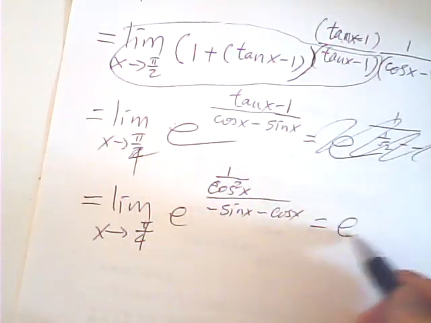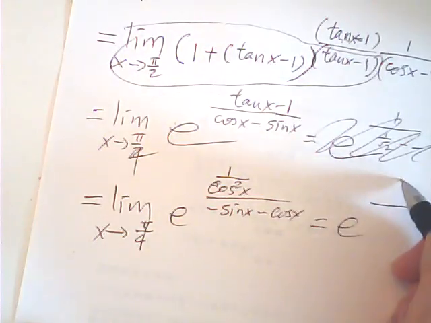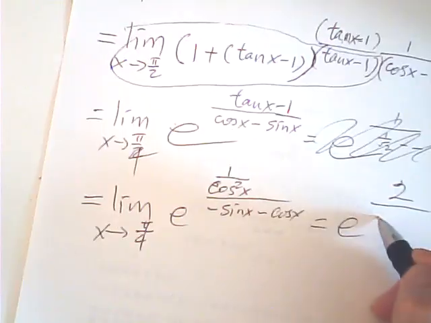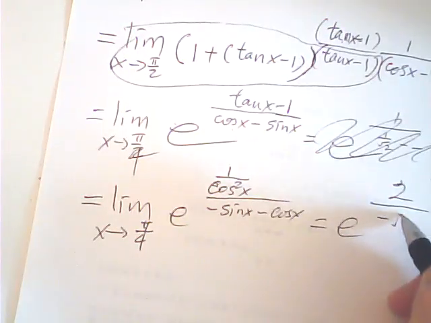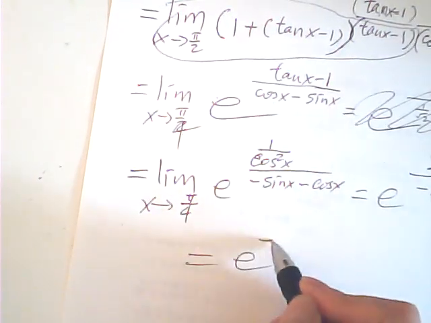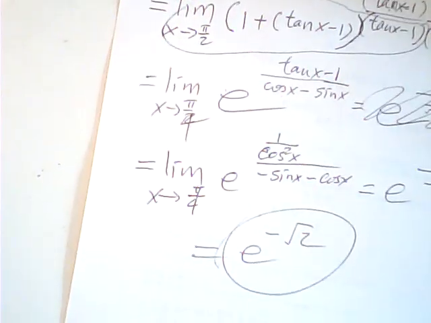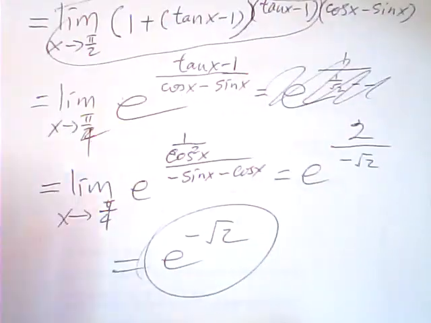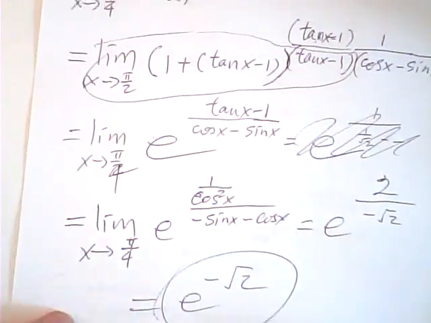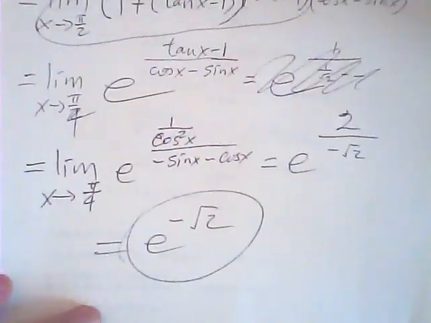So this becomes e to the, this is 2, right? It's negative 2. Yeah, okay, then the limit is e to the negative root 2. Should be the same thing. Well, these are very good methods. Okay, so I find the limit by using 3 methods. Thank you.